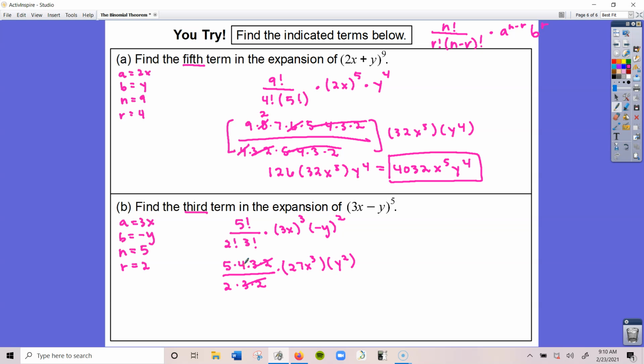And additionally, 4 divided by 2 is 2. So what we have here is 5 times 2, so 10, times 27x to the third times y squared, which gives me 270x to the third y squared. And this would be the third term of that binomial expansion. And that's the binomial theorem and Pascal's triangle.